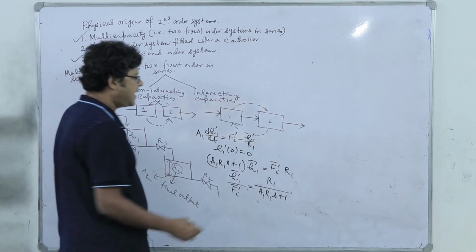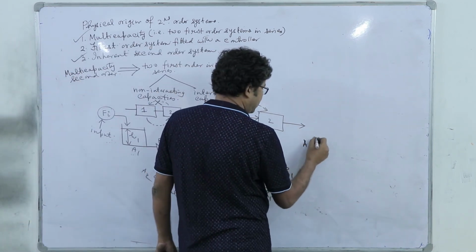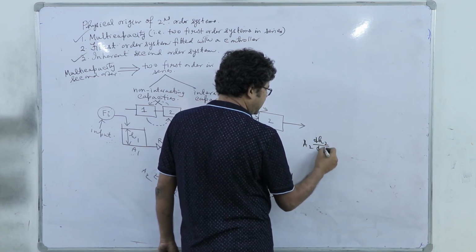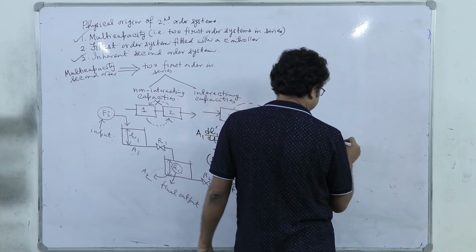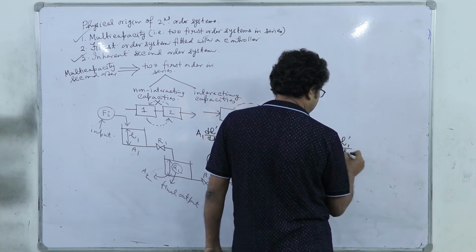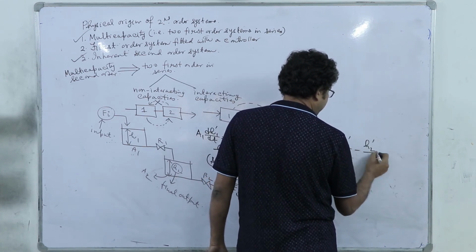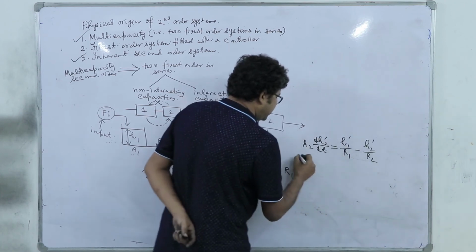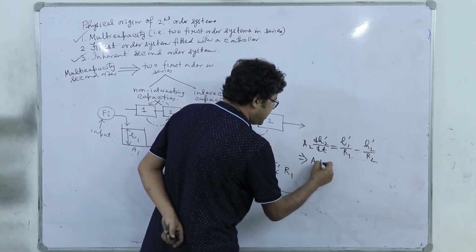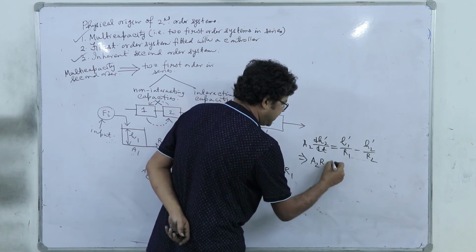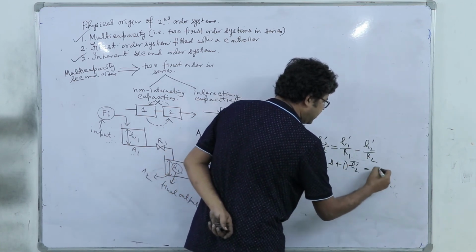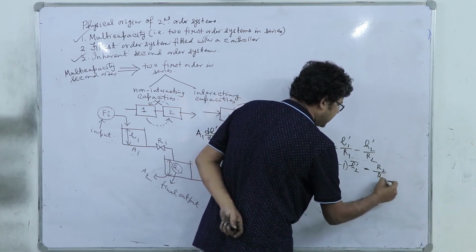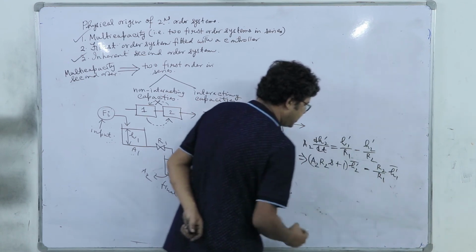Now, for the second tank, we can write A2 dH2/dt or dH2 prime/dt is equal to the inflow is H1 prime by R1, outflow is H2 prime by R2. So, upon taking Laplace, (A2 R2 S plus 1) H2 prime is equal to R2 by R1 into H1 prime bar.